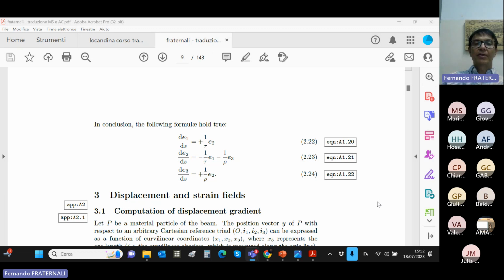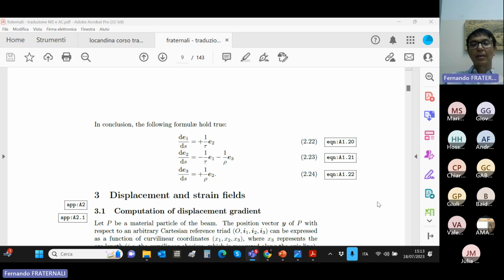So the derivative of the first vector, which is the binormal vector, with respect to s, is directed as E2, and it should be pointed out that the derivative of a unit vector is always orthogonal to the vector. This has been demonstrated by Antonio yesterday.